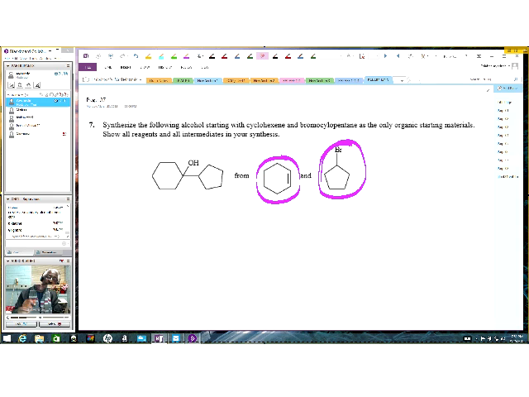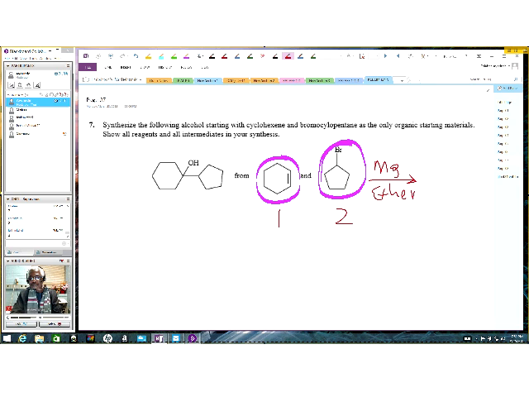Okay, if we need to use a Grignard, let me number this. Let us say this is molecule 1 and molecule 2. Which of these molecules are you going to use to make your Grignard? 1 or 2? 2. Excellent. So we make the Grignard from here, of course in the presence of ether.